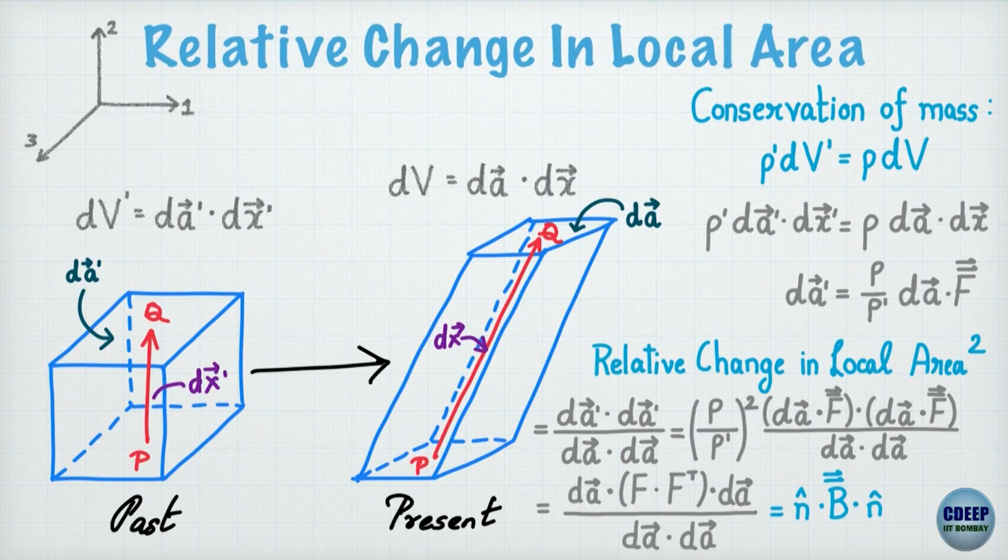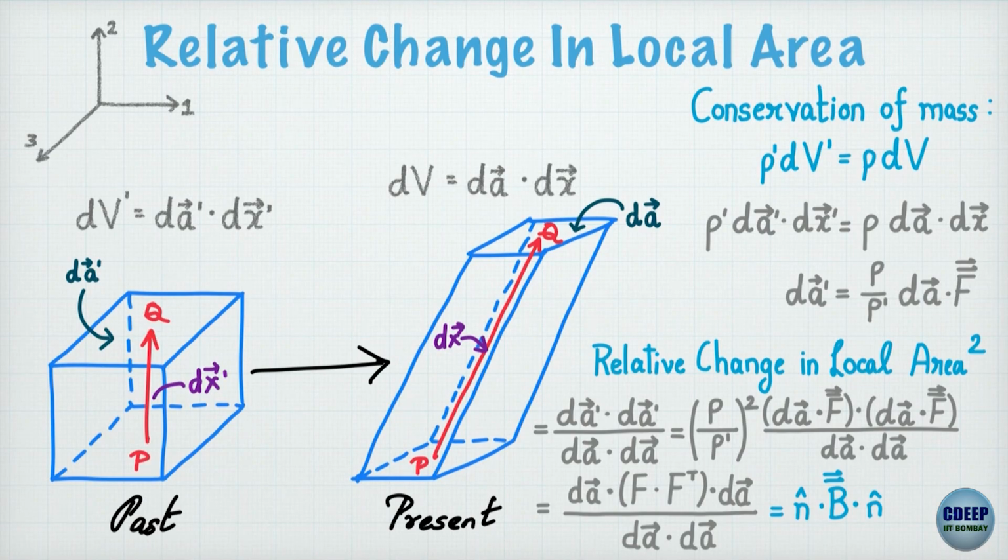So, it is a busy slide, but let us take it one thing at a time. This is the picture we have been working from. This is the previous time dx dash, new time, present time t dx.